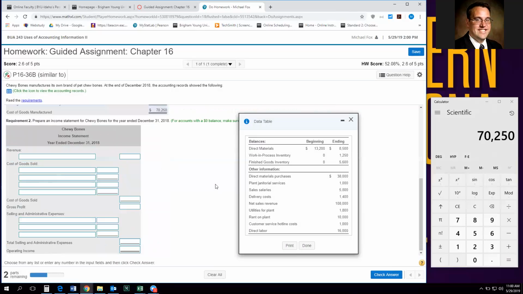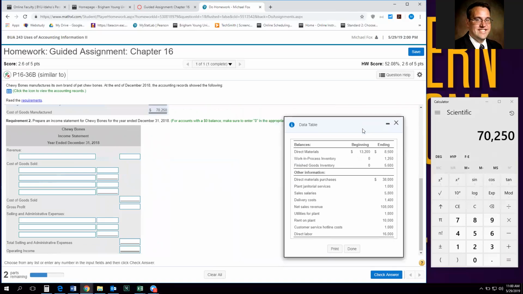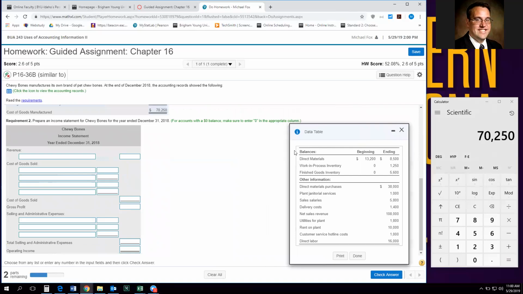So the second part is going to ask us to prepare an income statement for Chewy Bones. And it tells us to put a zero whenever there's something with a zero balance. So first we'll start with our revenue, and our sales revenue is 108,000.